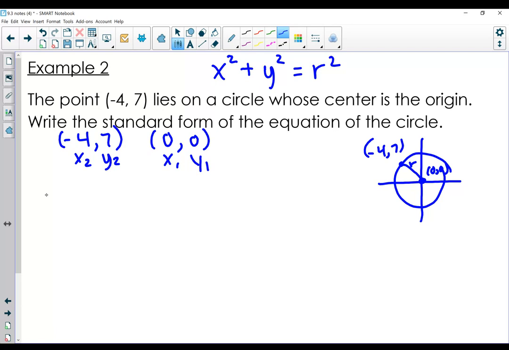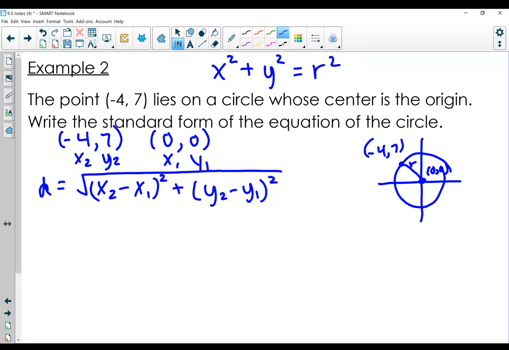And I'm going to substitute everything into the distance formula. So I'm going to start out by writing that formula down. Writing out a formula is always a good way to memorize it if you're still struggling with that. So because my distance here is really a special distance, it's the radius of my circle, I'm going to replace that with r.